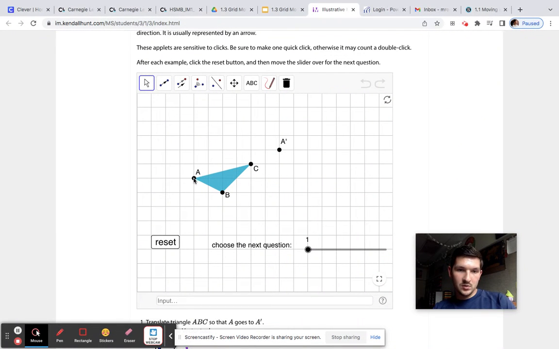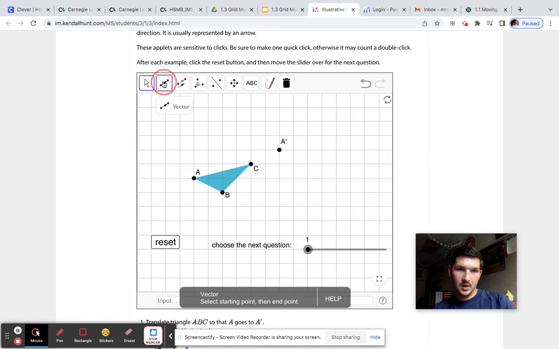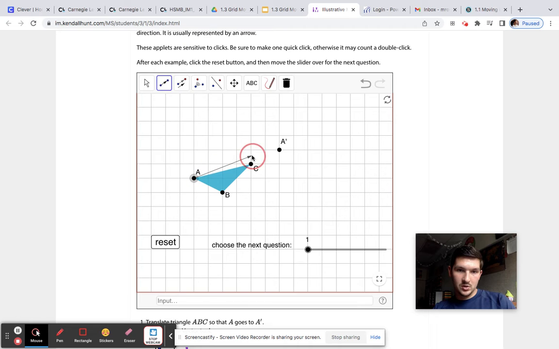So what we're trying to do is get this over to that next point. You can grab this and draw a line and connect it like this. If you think about this, watch what happens. We went up 1, 2, over 1, 2, 3, 4, 5, 6, which means all of these need to do the exact same thing.